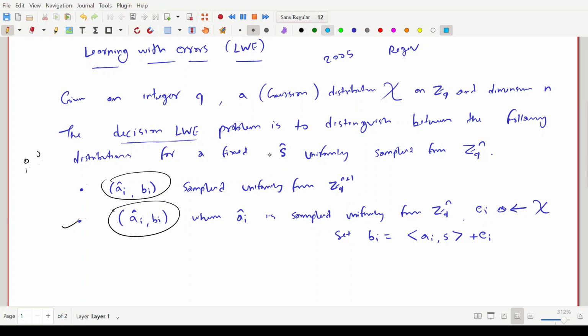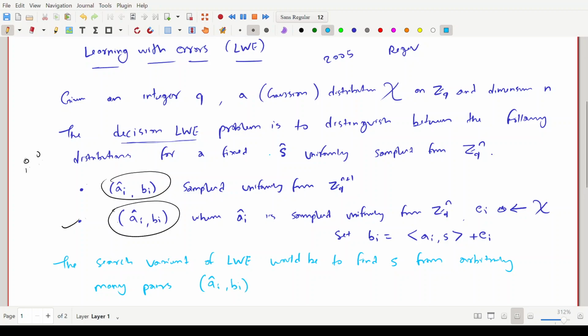The search variant of LWE would be to find s from arbitrarily many pairs of ai comma bi.